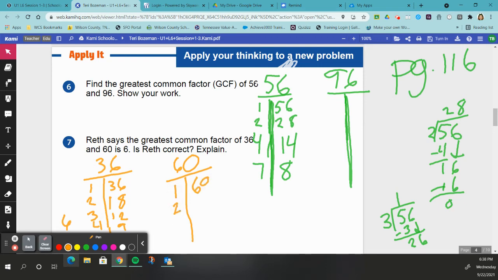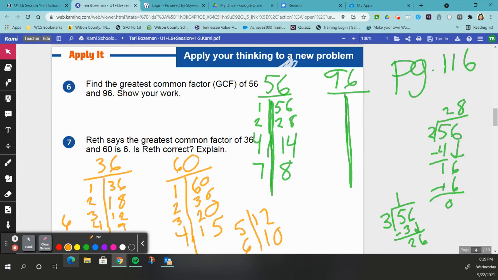We have 2 times 30. We have 3 times 20. We have 4 times 15. We could do 5 times 12. I'm going to take this over here. So 5 times 12. And then we could do 6 times 10 as well.